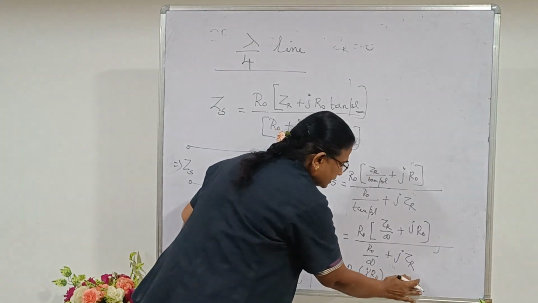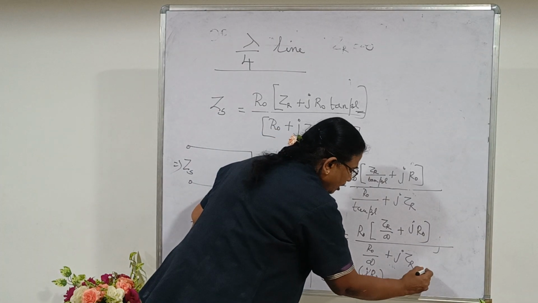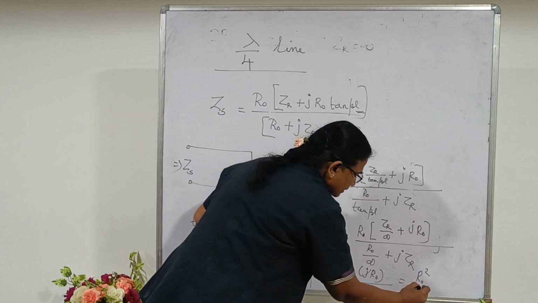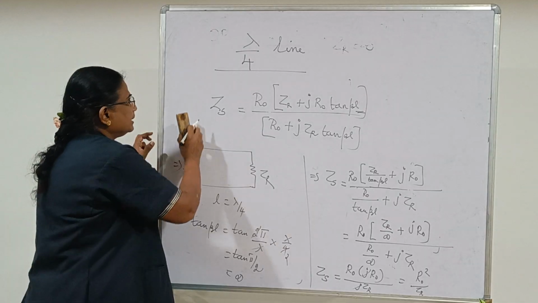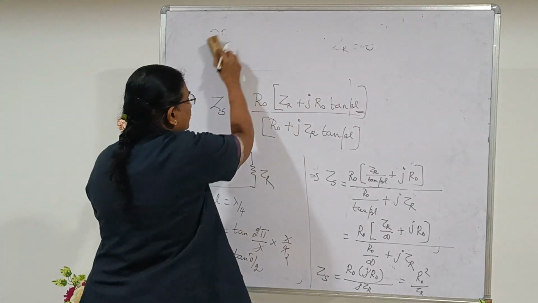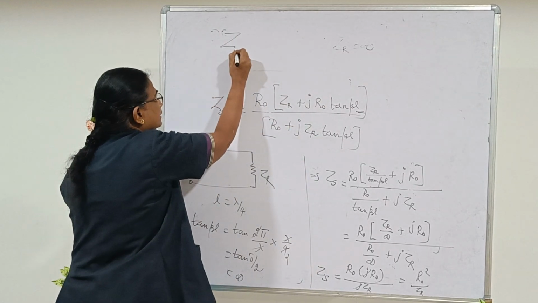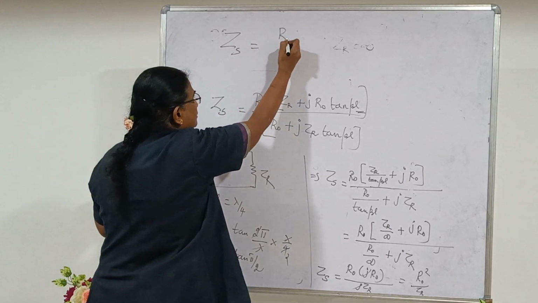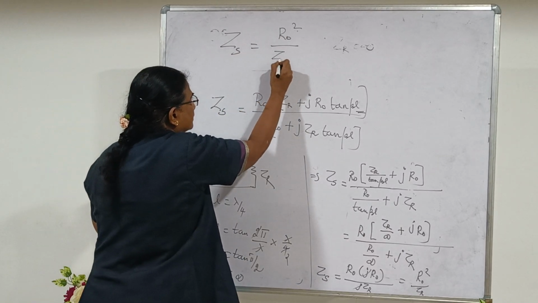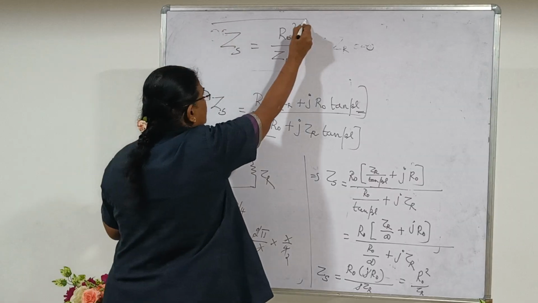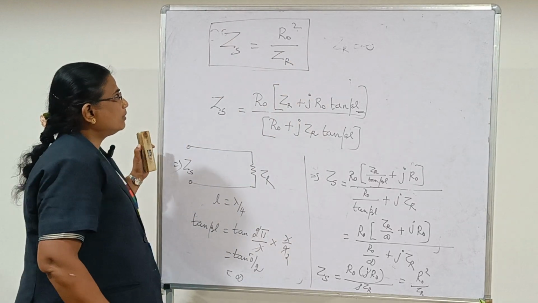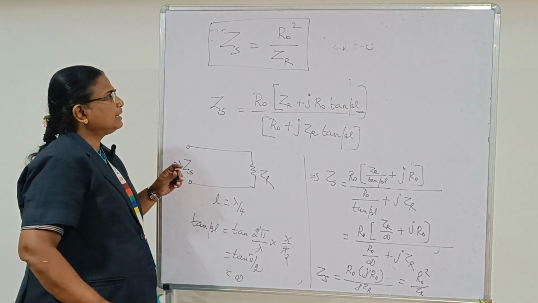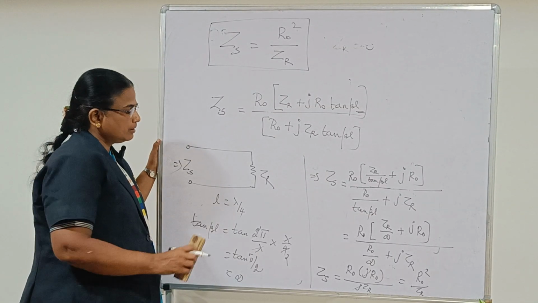We get the sending end impedance as R0 square by ZR. So the sending end impedance for a lambda by 4 line is found to be R0 square by ZR. So this is the final equation for the sending end impedance of a lambda by 4 line.